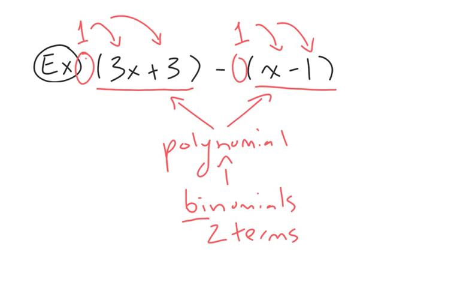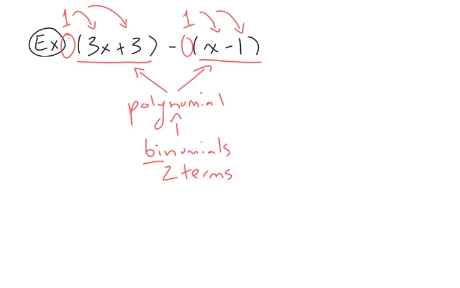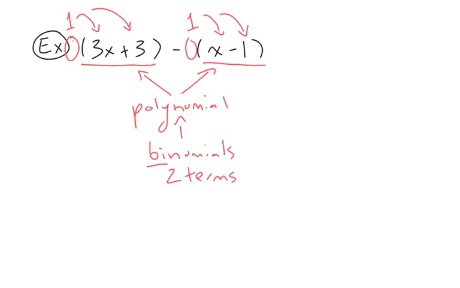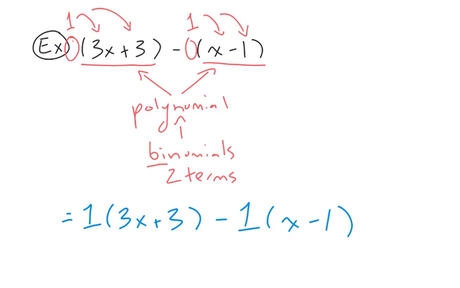I'm going to zoom out and create a little bit more space for myself to rewrite this question with these ones added in. So I'm going to put a 1 in front, and I'm going to put a 1 in front over here. You don't have to put the 1 in front. A lot of people would consider this redundant, but I just want to remain consistent with my last video.